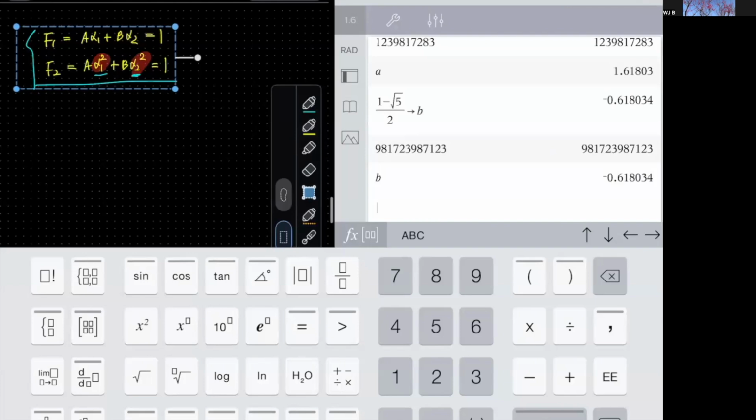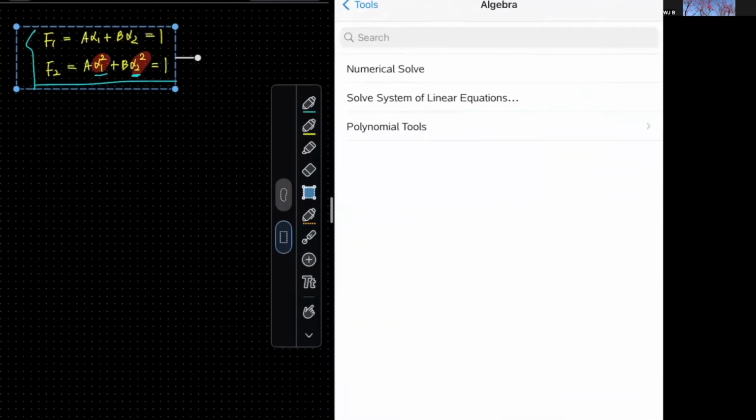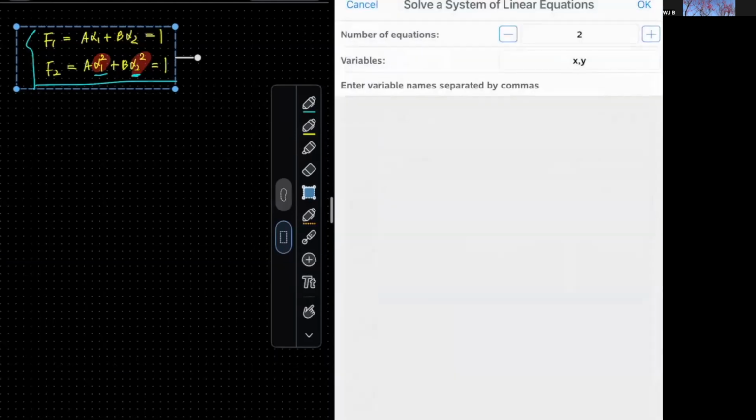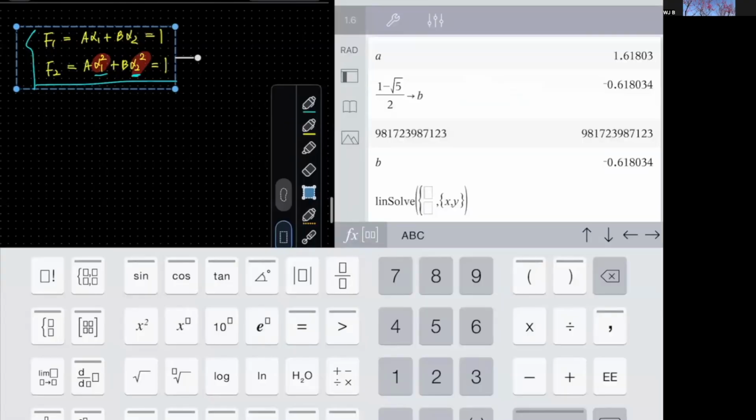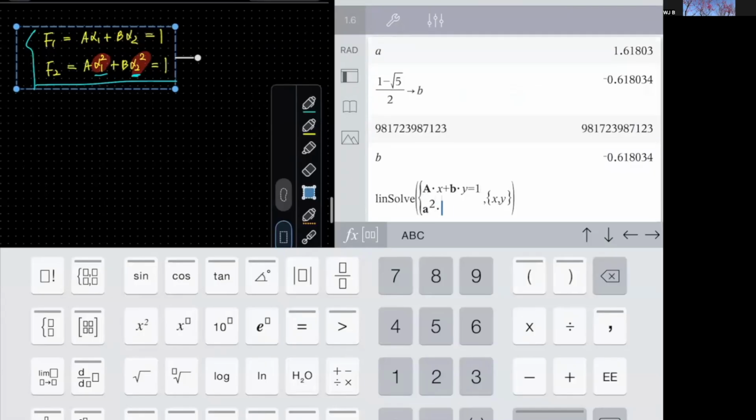So here I'm going to press menu 3 and then go for the linear equation and then 2 unknown variables. My unknowns this time are A and B, capital letters. Alpha 1 and alpha 2 are known parameters, which I stored. So I'm going to put A times X plus B times Y is equal to 1. And this time, A squared times X plus B squared times Y is equal to 1.